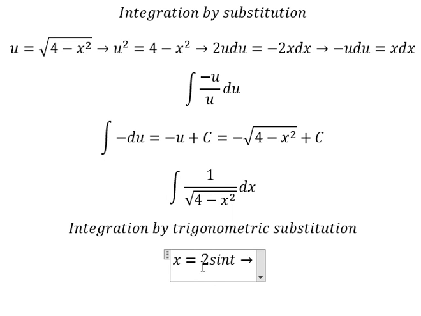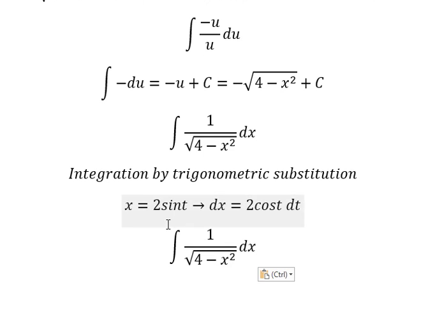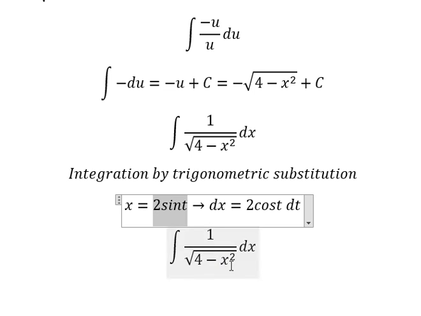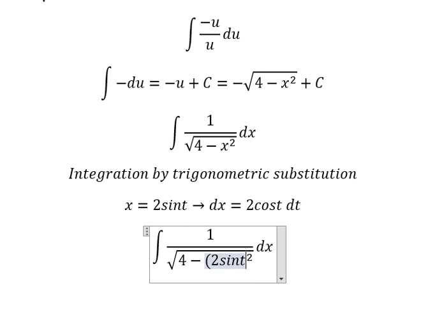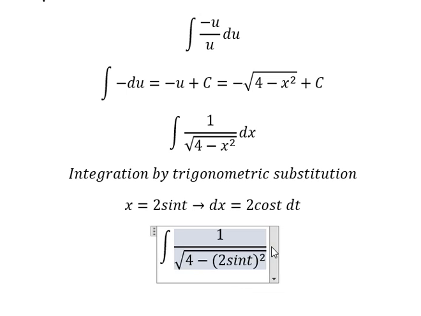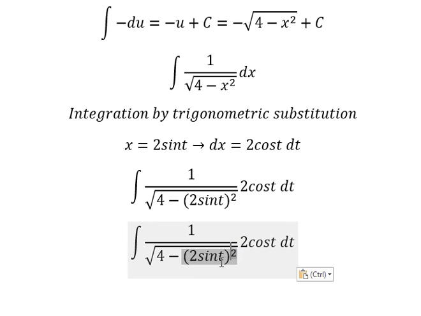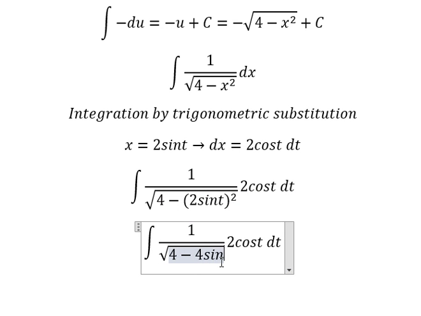We take the first derivative of both sides. So, I need to put this one here. ds, we change to this one. So, we have 4 sine t squared.